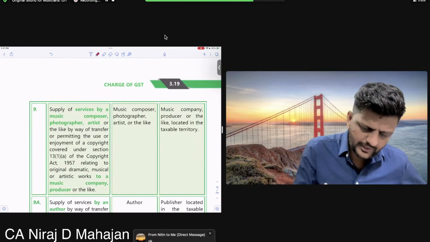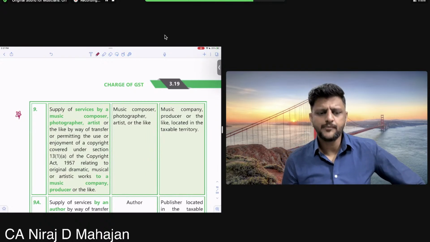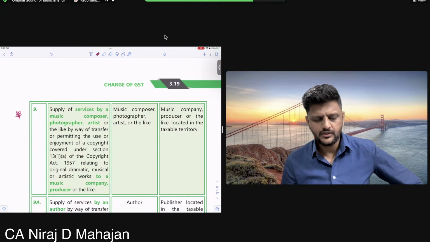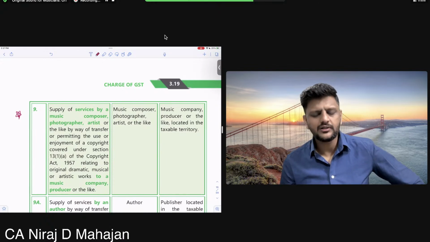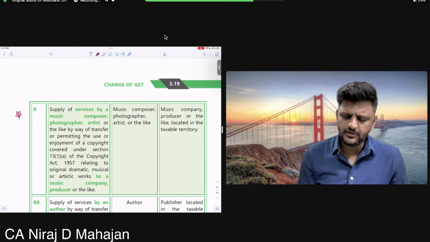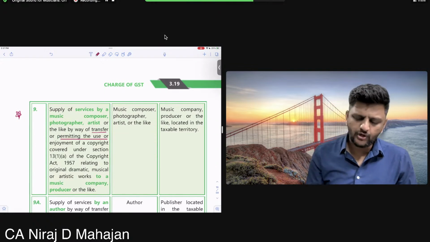Next one. Again, famous. Supply of services by a music composer, photographer or artist or the like, the like means similar, artists, by way of transfer or permitting the use or enjoyment of a copyright.